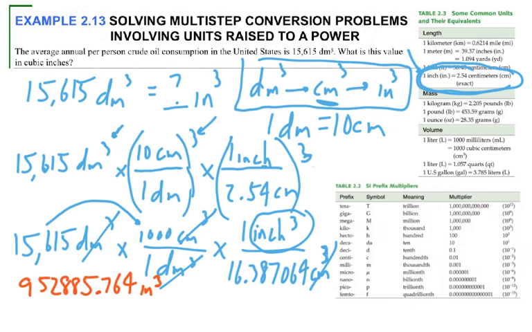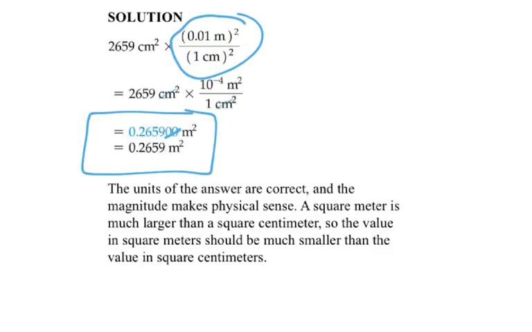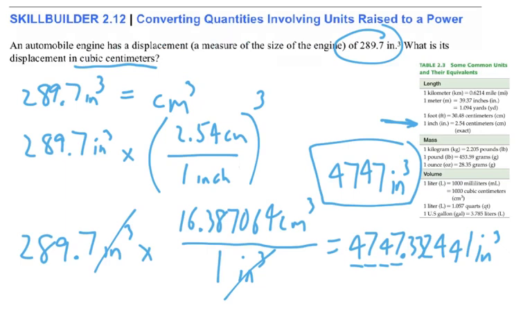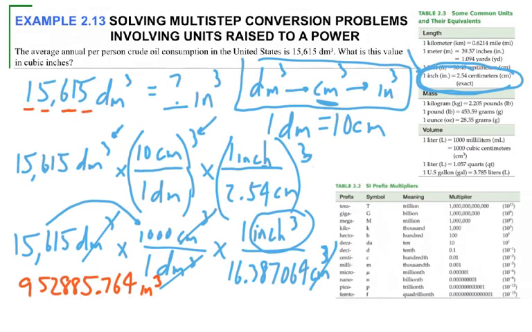Now, let's look at significant figures. The original question had 5. So we're going to show 1, 2, 3, 4, 5, and we're going to stop there. Now, notice how this one rounds.